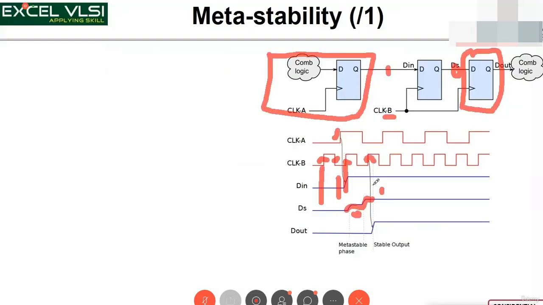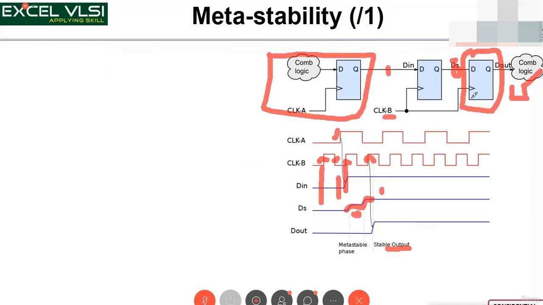In this clock, DS is stable and settled at 1. That 1 I sampled, so the output D out is good for me. Good means stable. This is one of the ways we fix it: using double synchronization, we fix a metastability issue.